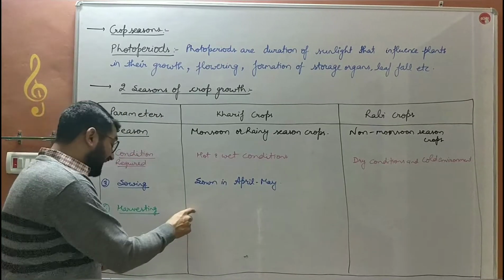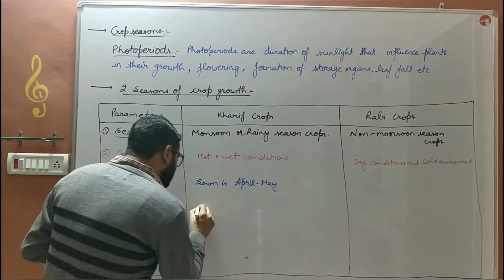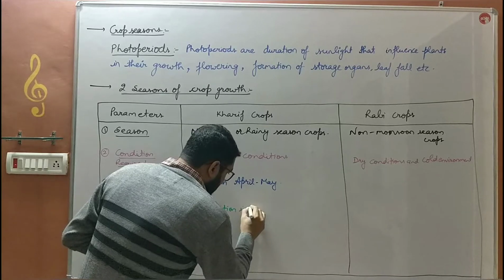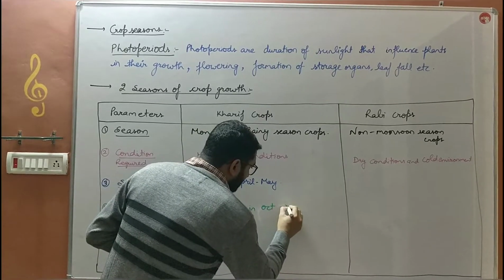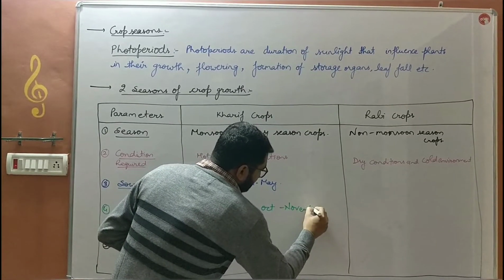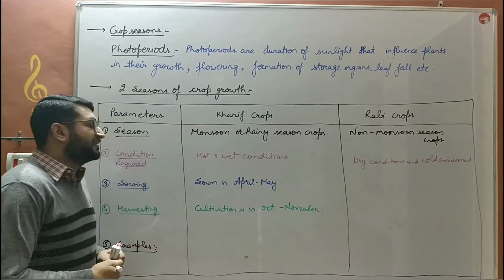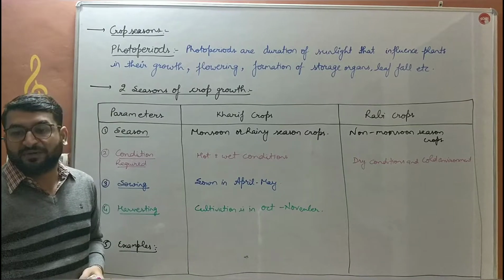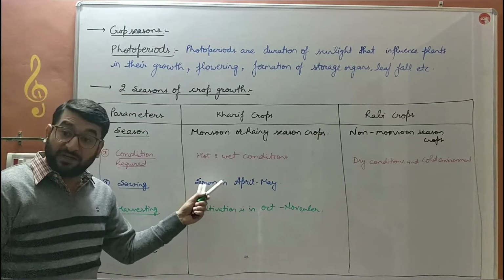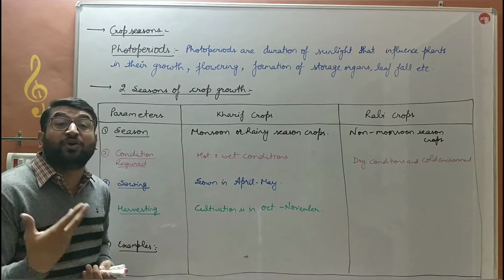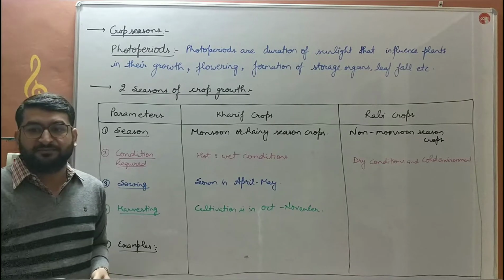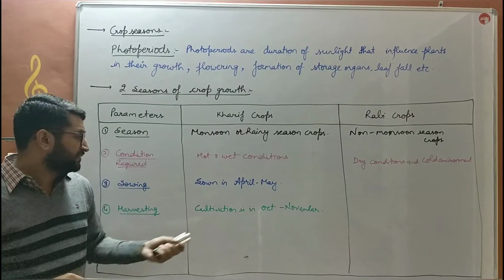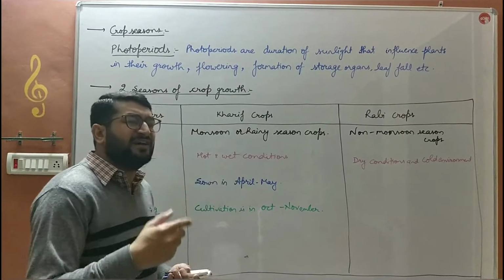And they are harvested, cultivated, in October to November. They are sown in April to May and harvested in October to November. Some of the kharif crops are sown in the month of July, like rice, that is paddy. So the sowing season may vary.